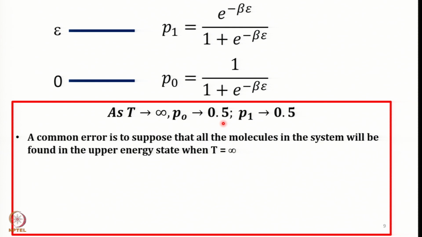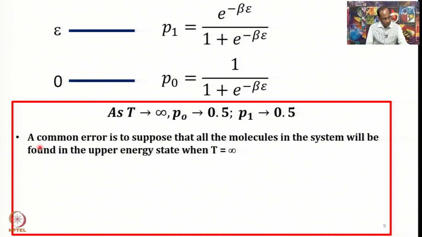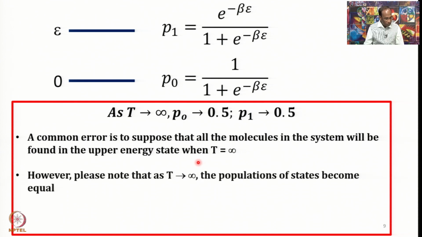And this is what I was trying to tell you, that a common error is to suppose that all the molecules in the system will be found in the upper energy state when T is equal to infinity. But note that since there are only two, the populations become equal. If there are 3, then it will be 1/3, 1/3, 1/3. If there are 4, 1/4, 1/4, 1/4, 1/4.